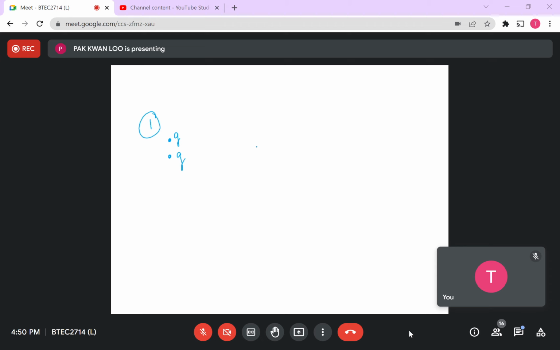If I have a sphere like this, imagine it's a three-dimensional solid sphere.